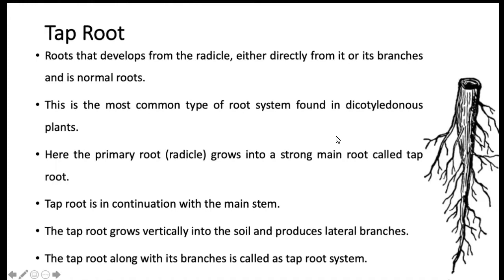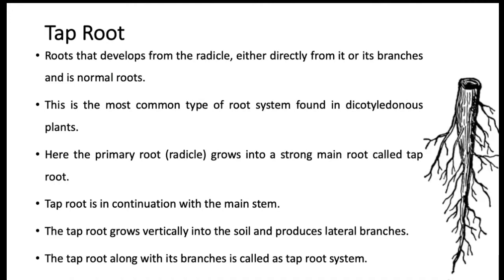Taproot usually grows vertically into the soil and produces branches sideward. The side branching is called lateral branching. The main root is called the primary root, and the branches which develop from the primary root are called secondary roots. And when another branch develops from the secondary root, that is called a tertiary root.